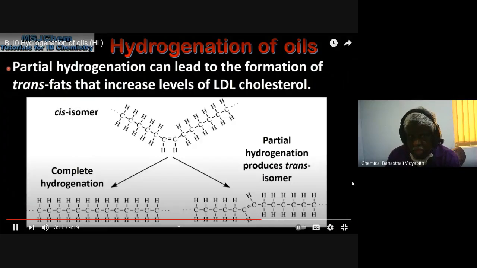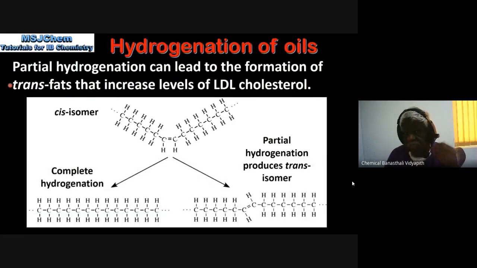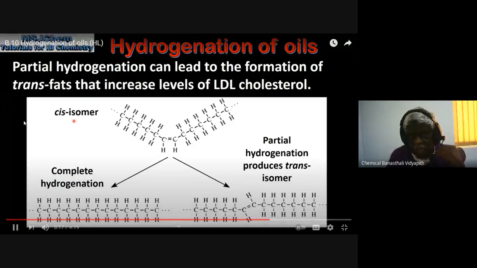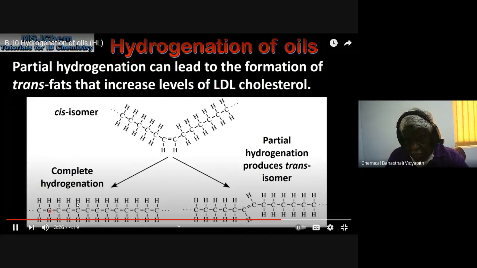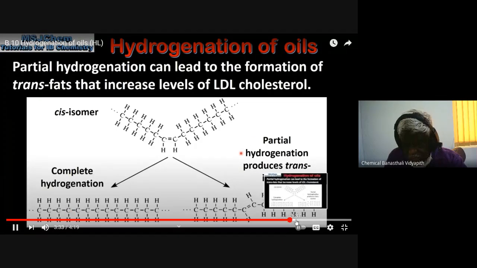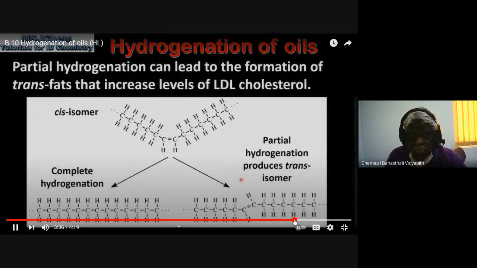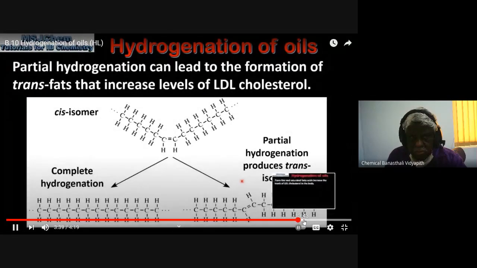Partial hydrogenation can lead to the formation of trans fats that increase levels of LDL cholesterol. Here we can see something called the partial hydrogenation of a cis isomer. On the left, we have complete hydrogenation, which produces molecules with carbon-to-carbon single bonds. On the right, we have partial hydrogenation, which produces the trans isomers, known as trans fats.